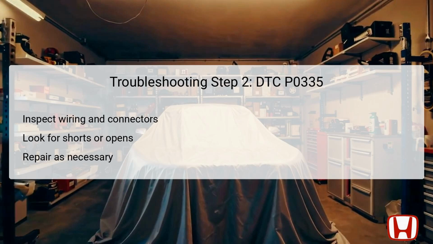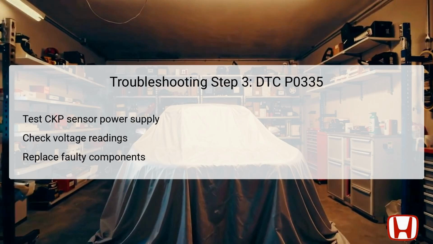Both an open circuit and short circuits can prevent the CKP sensor from delivering signals to the PCM, thereby triggering the DTC. If any damage is noticed, repairs should be made promptly to restore proper connectivity. After performing repairs, recheck the sensor's operation to ensure that the problem has been resolved. If wiring issues are not present, but the DTC persists, it may necessitate further diagnosis of the PCM.